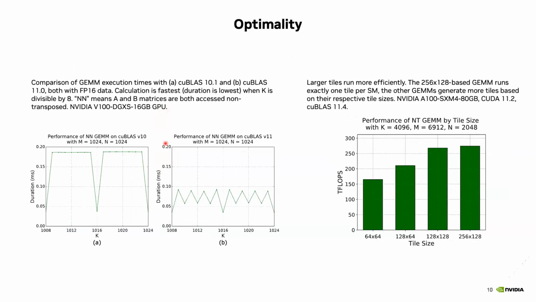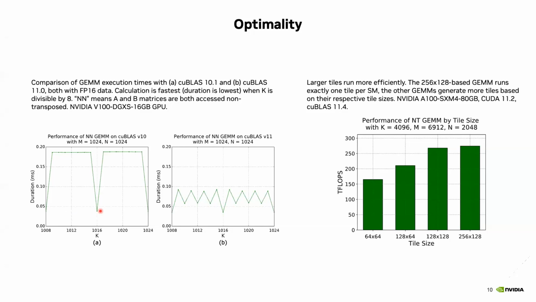I mentioned optimal, so it's always interesting to see what's going on there. For this particular example, we vary one of the dimensions, k, of my matrix multiplication, with m and n fixed. Obviously you see that my duration, or latency, to compute doesn't have a constant cost, but for particular numbers that are divisible by 8, we can significantly reduce the duration.